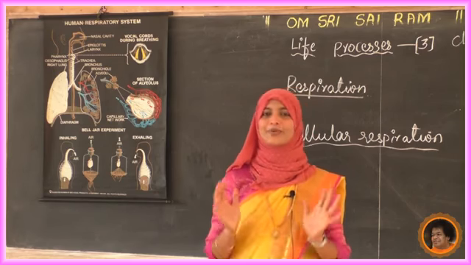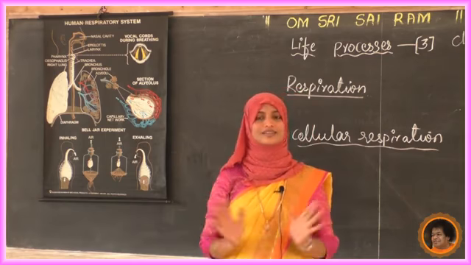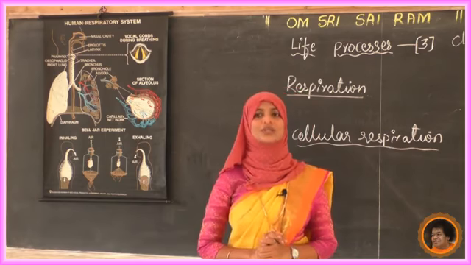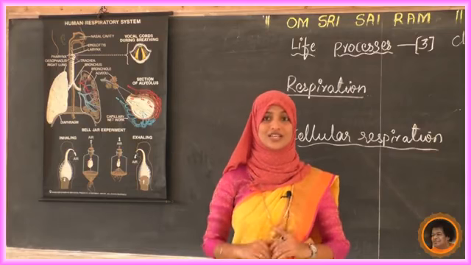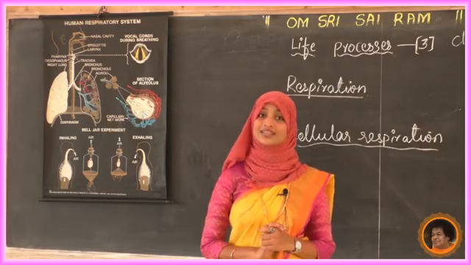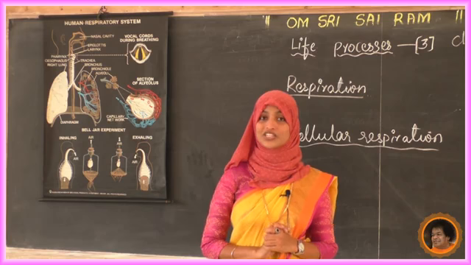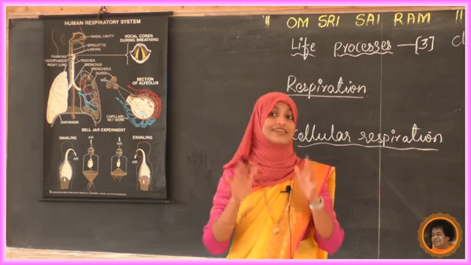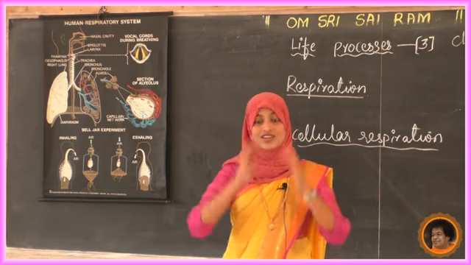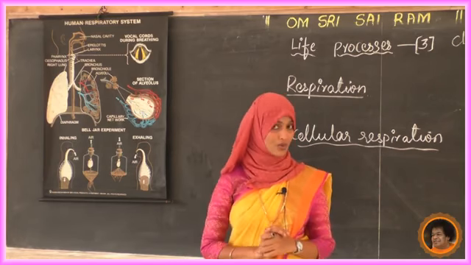Yes, this is all about respiration. So you come to know, I think you understood. In a small glance, we discussed what respiration is, the difference between aerobic and anaerobic respiration, what breathing is, and how the different parts each have a different role.